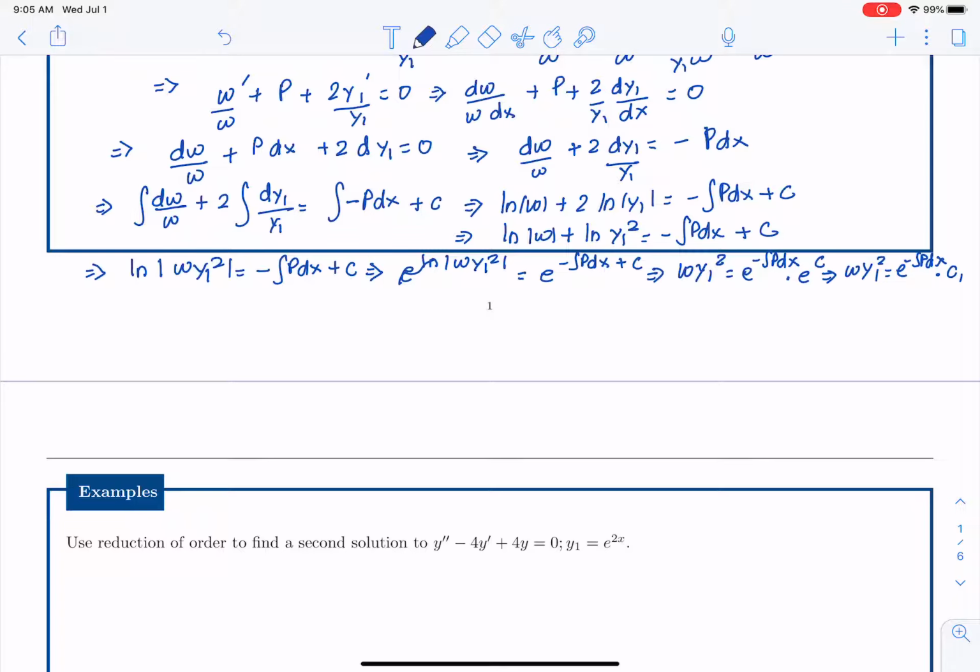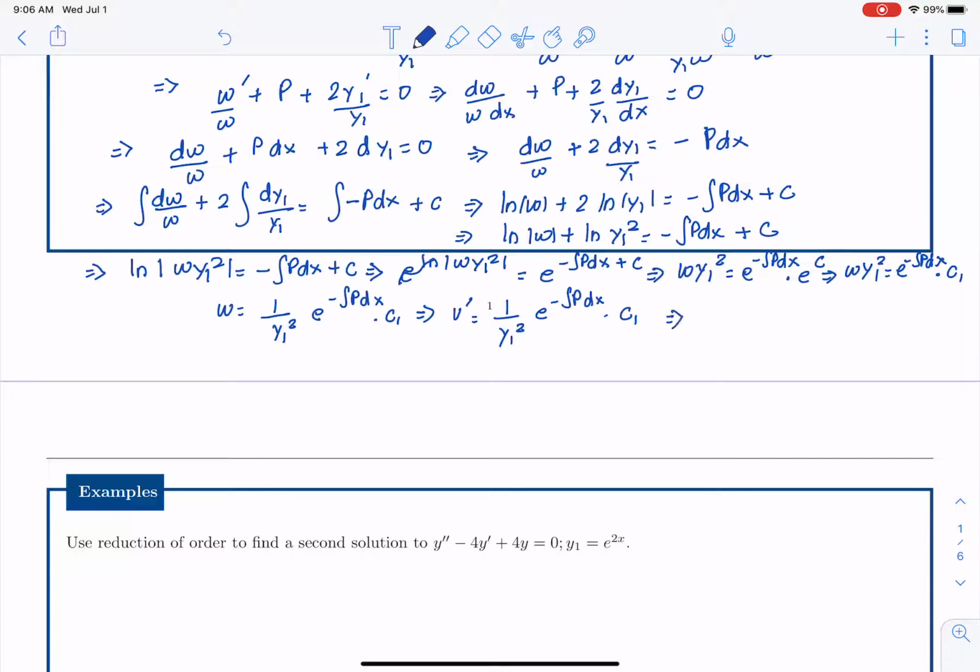If I divide it by y1 squared, and substitute w as u prime, I would get that expression. So now we have to integrate on both sides.